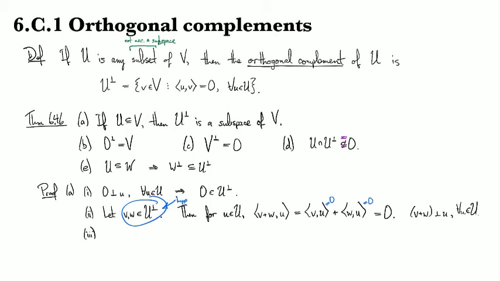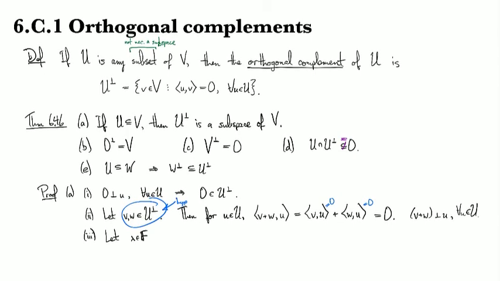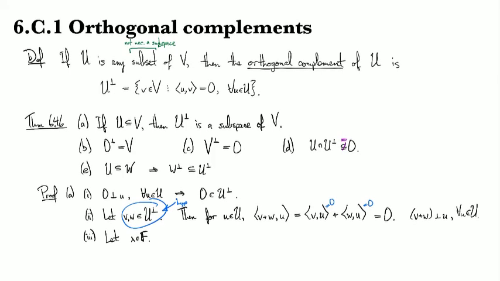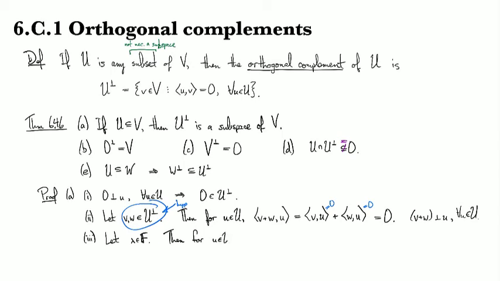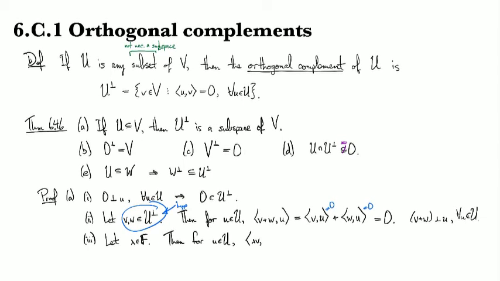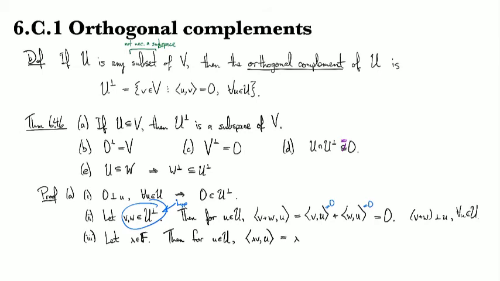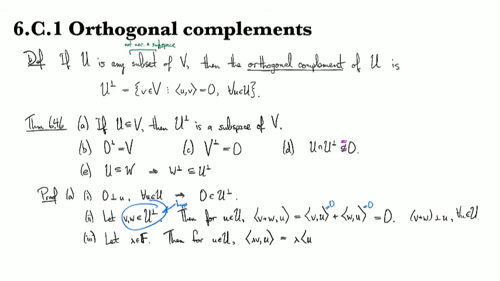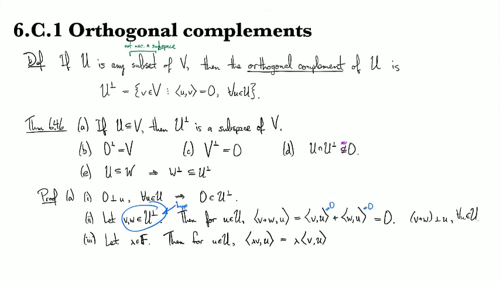And of course we also have to check scalars. So if we take our favorite scalar lambda, then when we throw lambda times V in there with U, there's not a whole lot of thinking to do before you see that you can pull out lambda, using the linearity in the first slot.